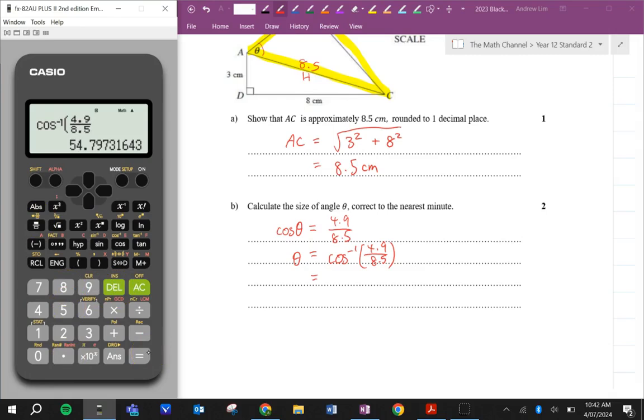And it says to the nearest minute, so I need to press my degrees, minutes, seconds button. 54 degrees and 48 minutes, because that's 50 seconds. There are 60 seconds in a minute, so that's over halfway, which is 30 seconds. So we round 47 minutes up to 48.